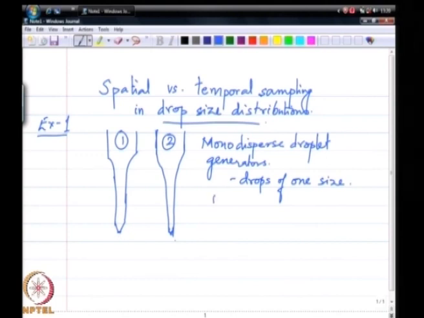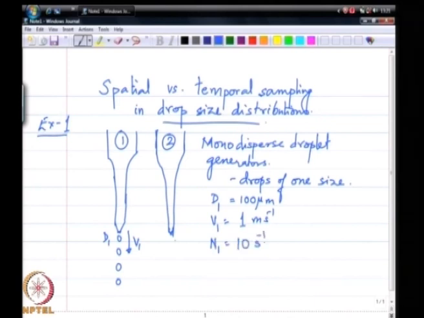Let us say the droplet from generator 1 is 100 micrometers. So, essentially it is producing a stream of droplets that are all diameter d1, moving with some velocity v1, and let us give these some numbers, let us say 1 meter per second, and the number rate of production is, let us say, 10 per second.